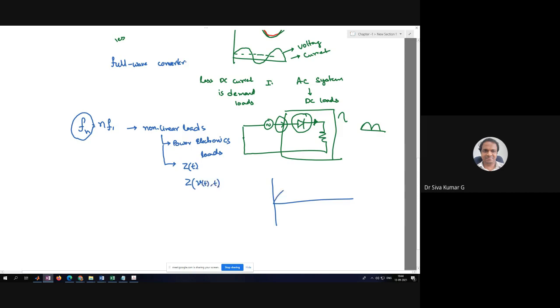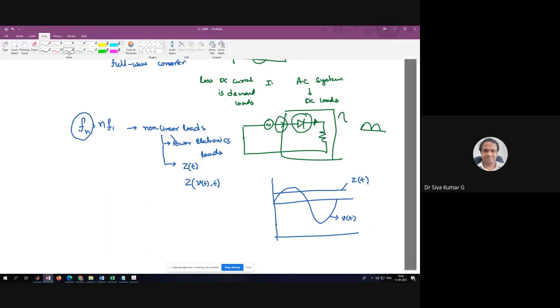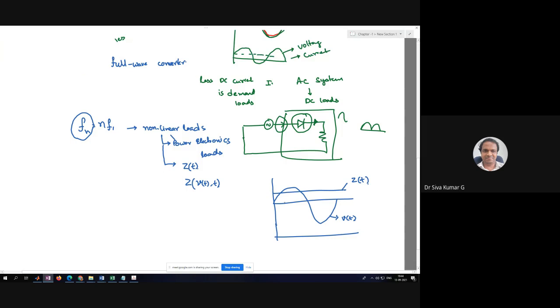If we assume Z of t is a constant and this is the voltage signal, then you expect a current with a scaling factor.